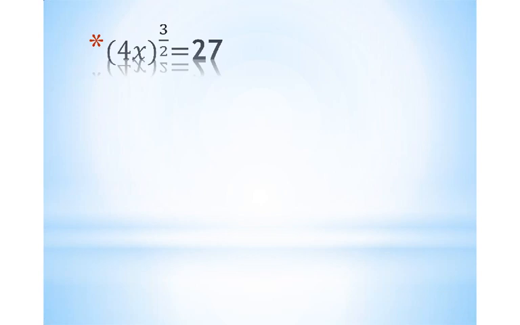Okay, next equation. Again, we've got that rational exponent, so I'll raise that to the 2/3 power, and I'll raise the other side to the 2/3 power as well. If you want to pause this video and see if you can get the right answer, you can come back and see if you did it right.